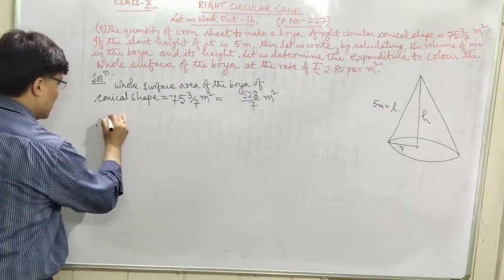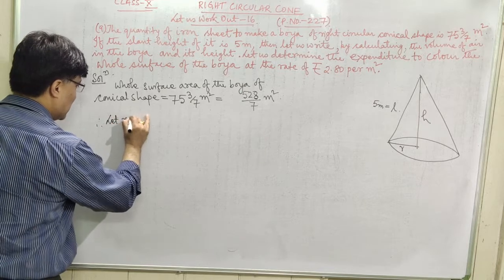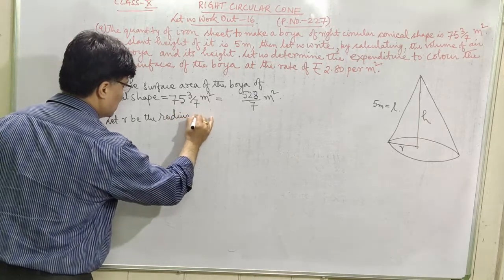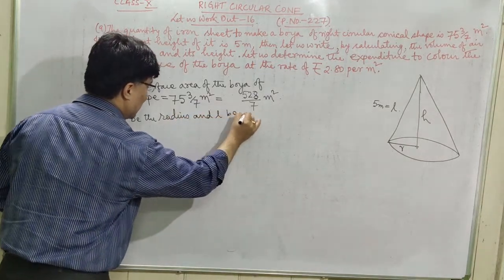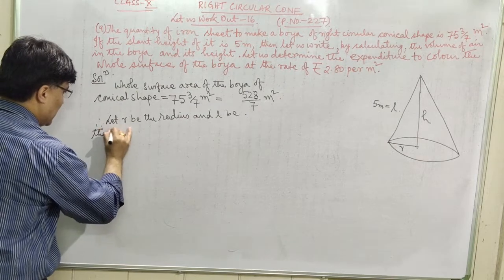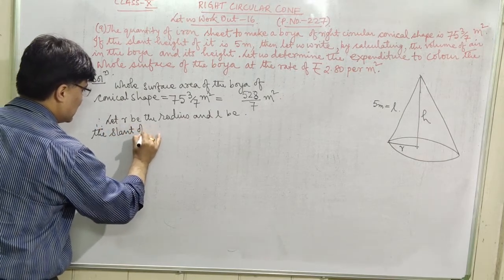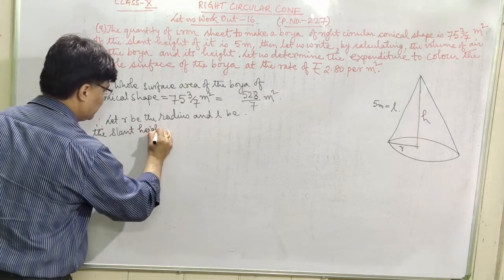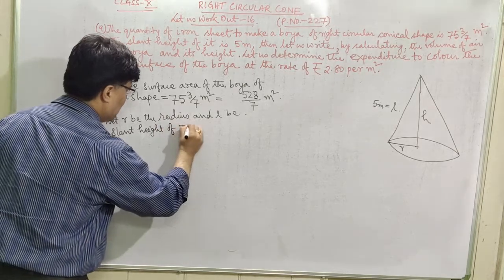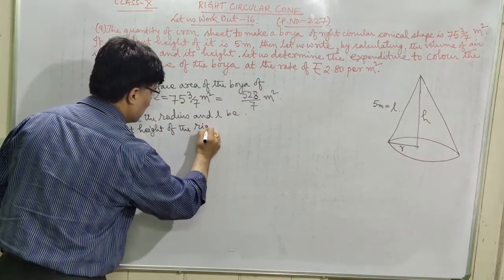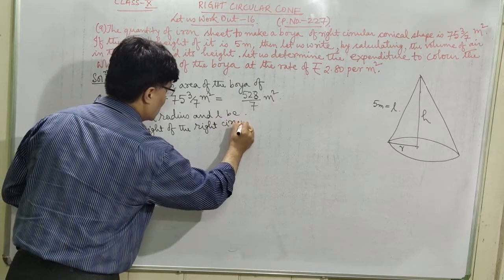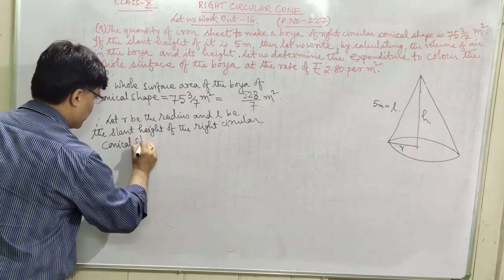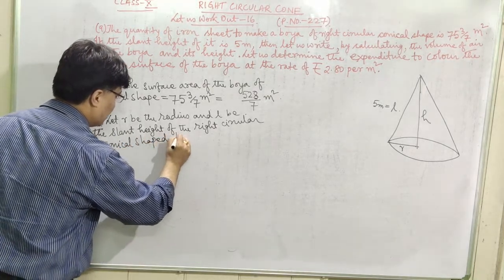So therefore, let us write here, let R be the radius and L be the slant height of the right circular conical shape boya.